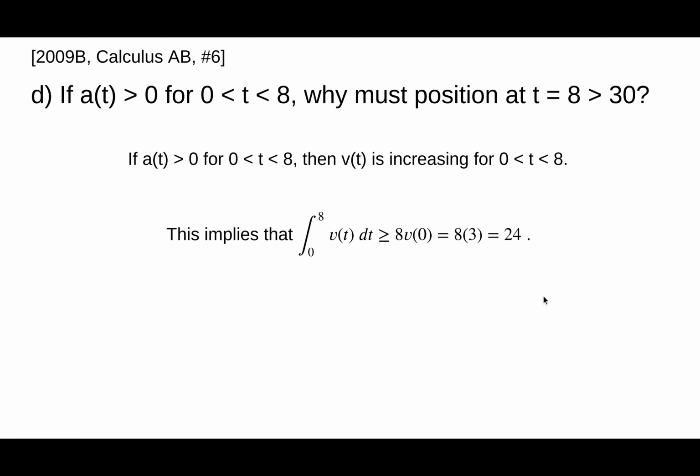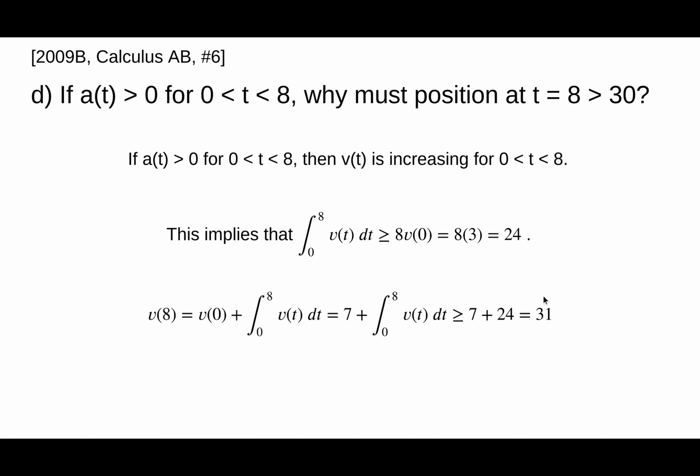Okay. The actual position of the particle at t equals 8 can be calculated using a definite integral. So v of 8 can be found by taking v of 0 and adding to that the definite integral from 0 to 8 of v of t dt. Well, we're given in the question stem that v of 0 is 7, right?